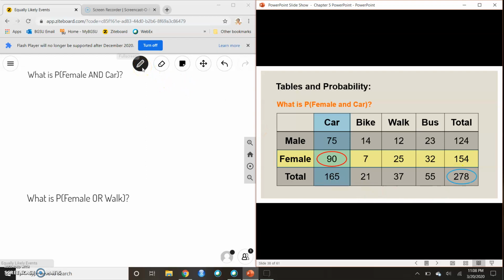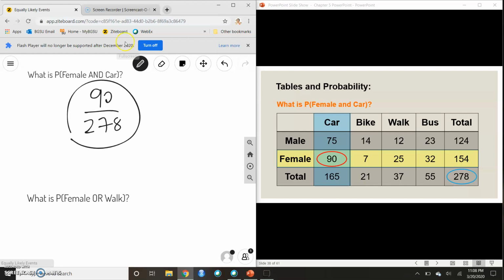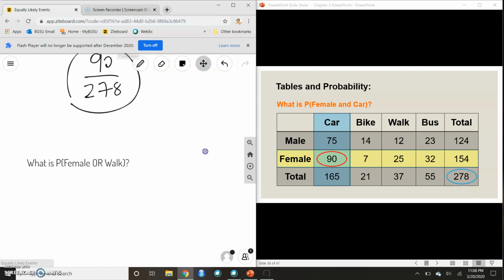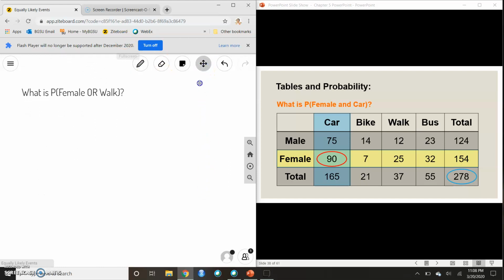So the probability of being female and taking a car is 90 out of 278. So AND events are very simple to find using tables because we are literally looking at where they intersect on the table, picking that intersection off, and just dividing it by the grand total.